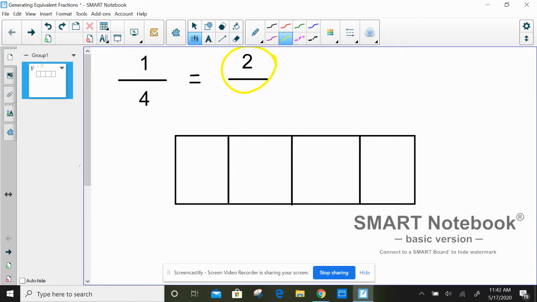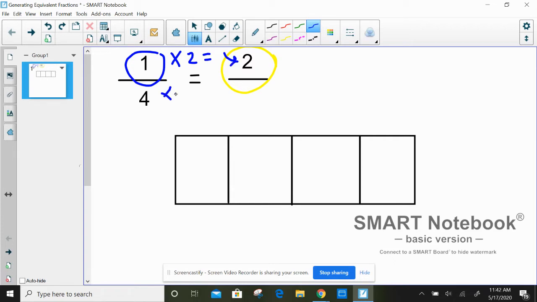I know that the only way for me to go from my numerator of 1 to 2, the only thing I could multiply 1 by to get 2 is 2. So if you're multiplying the top number by something, you have to multiply the bottom number by the same thing to create these equivalent fractions. So if I'm multiplying the top by 2, so 1 times 2 equals 2, then that means I have to multiply the denominator by 2.